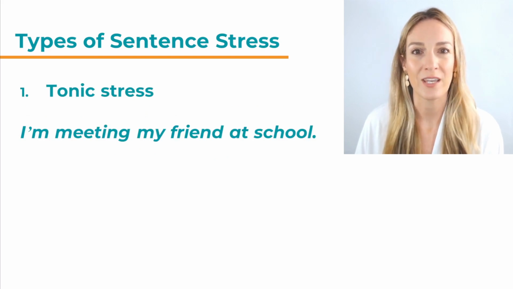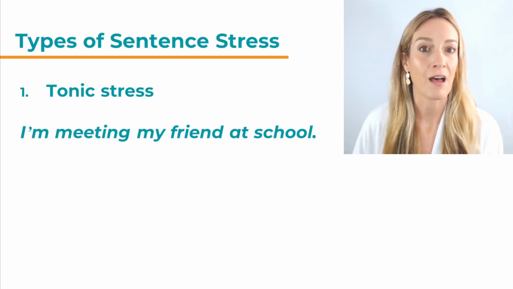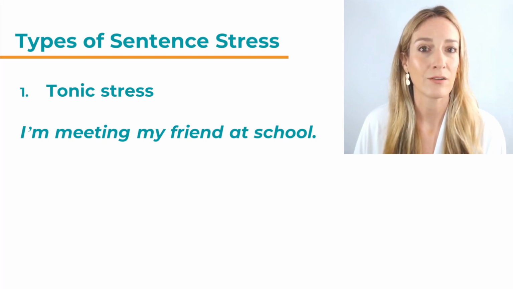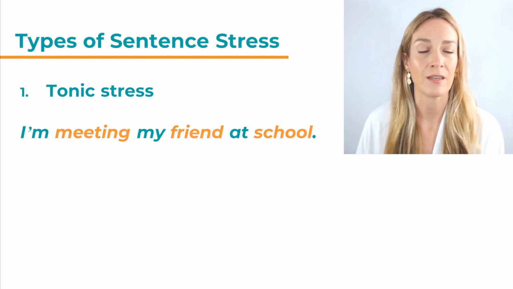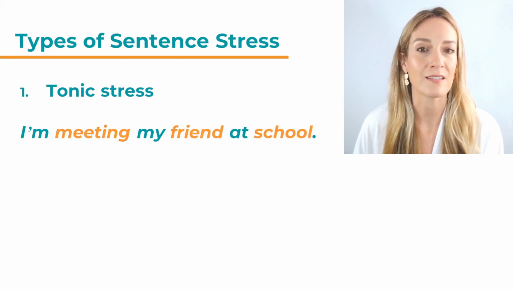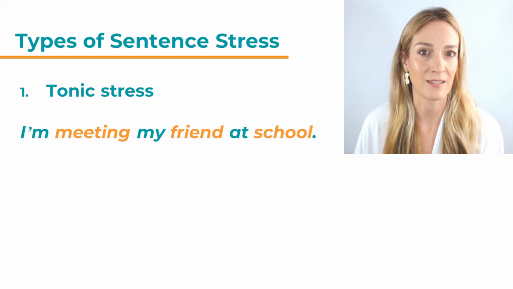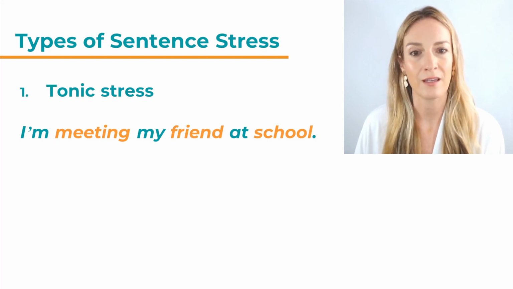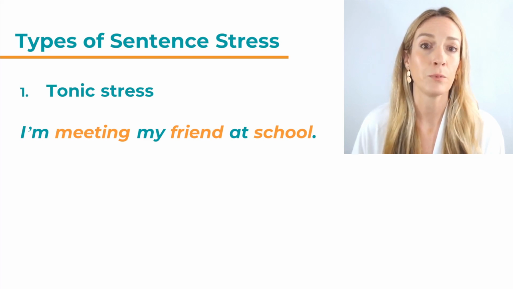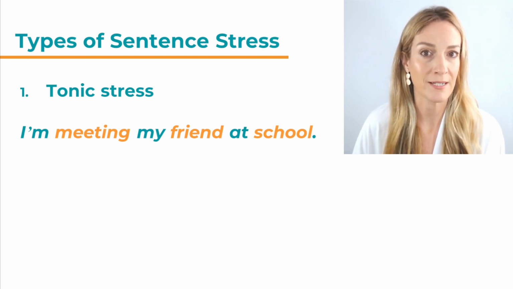First of all, tonic stress. Here's an example sentence. I'm meeting my friend at school. Now, I told you earlier, content words are stressed, and those are meeting, friend, and school, because they carry the main information of the sentence. The other words, I'm, my, at, are important to form the sentence, so it's grammatically correct.